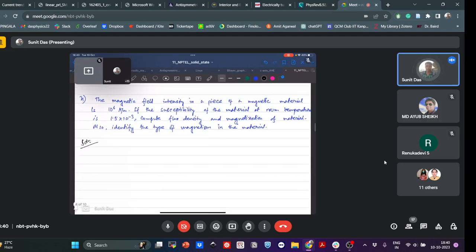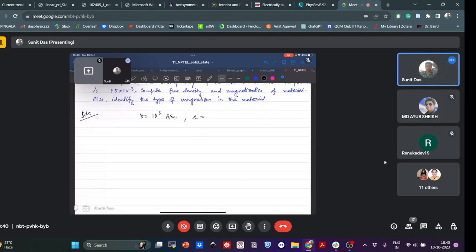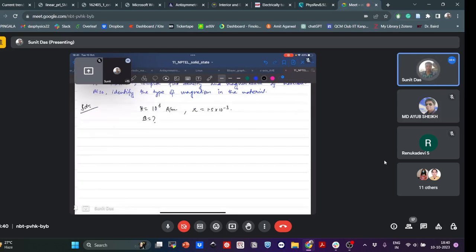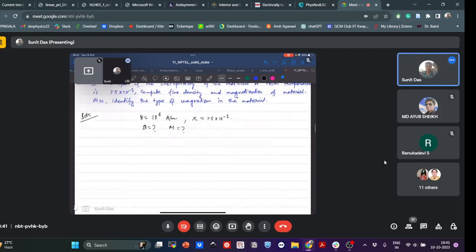So we are given the magnetic field intensity, H equal to 10 to the power 6 ampere per meter, and the susceptibility chi is 1.5 into 10 to the power minus 3. So we need to find the magnetic flux density and then the magnetization, then the type of magnetism.